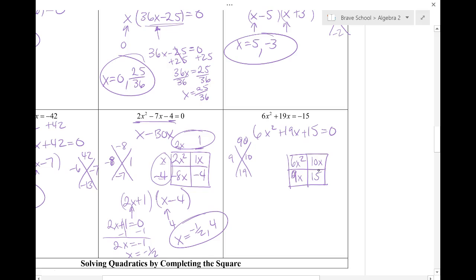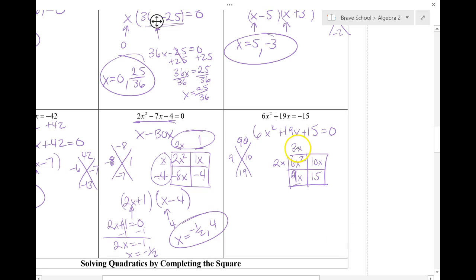Now, this requires a little bit more thinking. I have to think of numbers that will multiply to equal the 6x squared. So I know that down here I'm going to have to multiply probably a 3 to get 9. So I'm going to put 3x here and 2x here, because 3x times 2x is 6x squared.